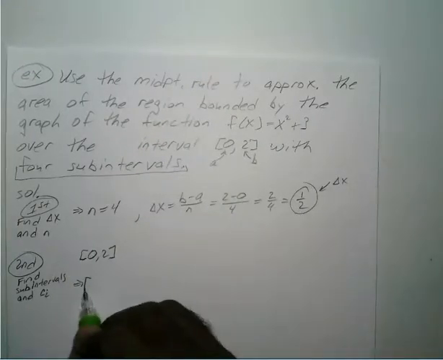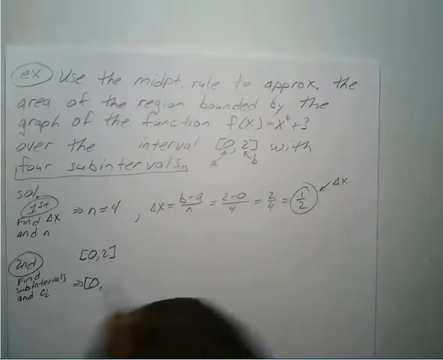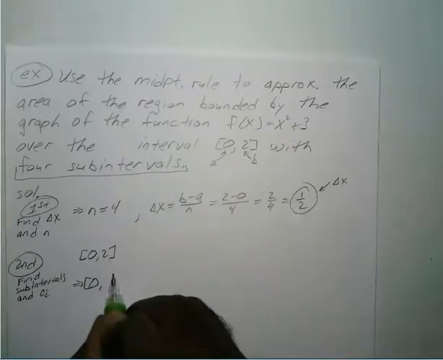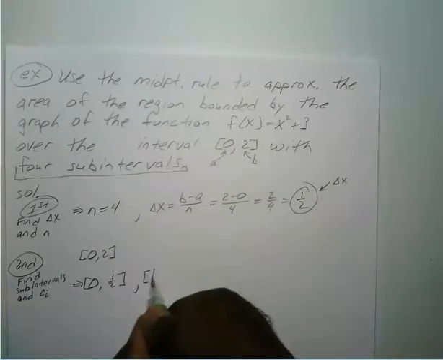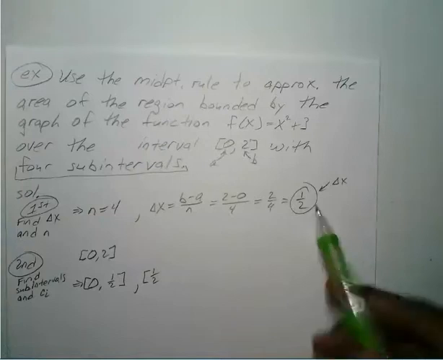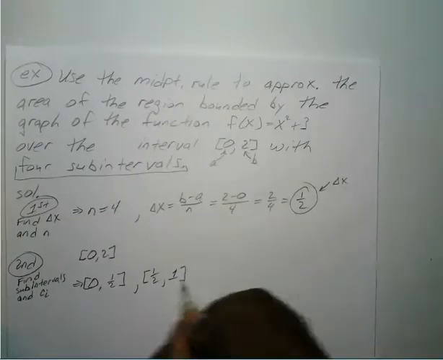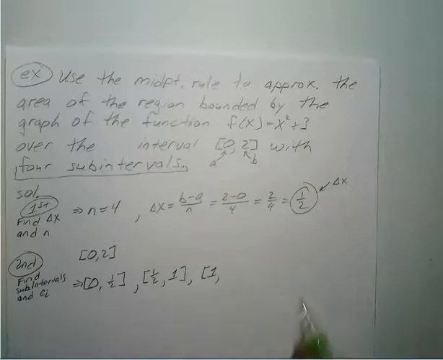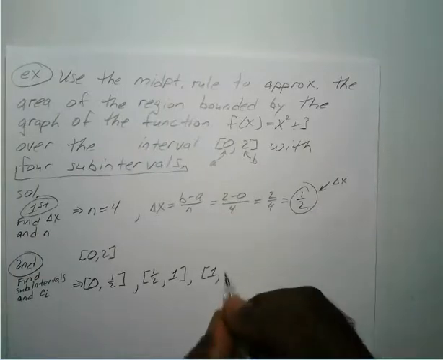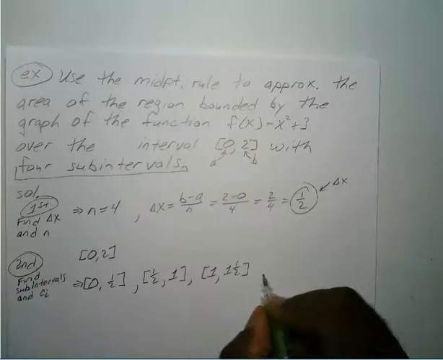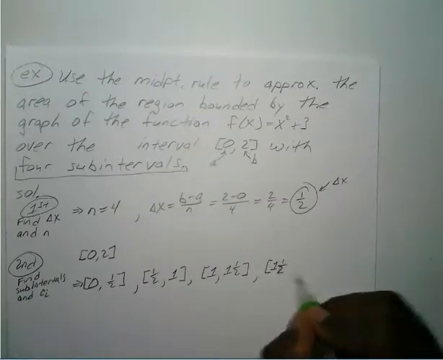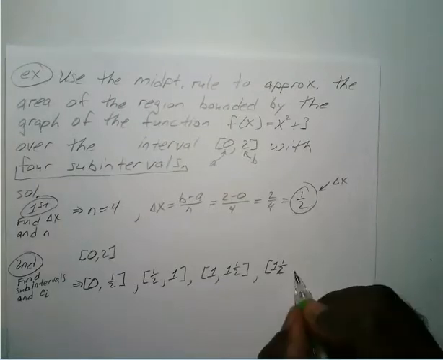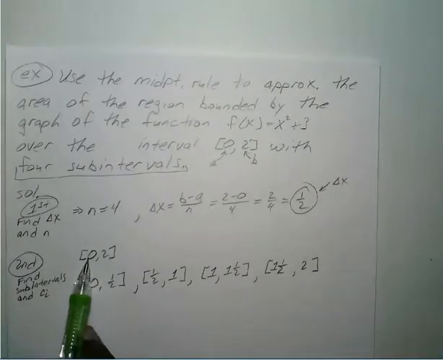If we start at 0, moving up 1/2, it goes from 0 to 1/2. Then if we start at 1/2 and move up another half, that moves us to 1. Then if we start at 1 and move up another half, that's 1 and 1/2. Then if we start at 1 and 1/2 and move up another half, that takes us to 2. So we're from 0 to 2, but we're just moving in intervals of 1/2.